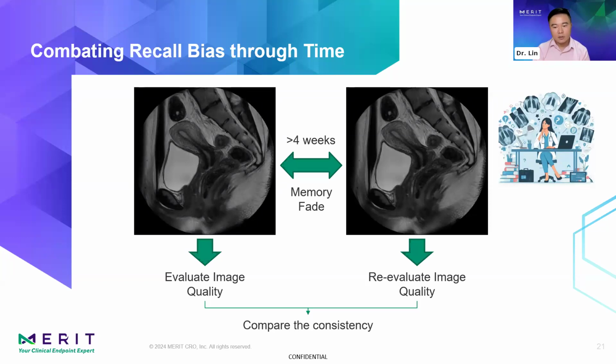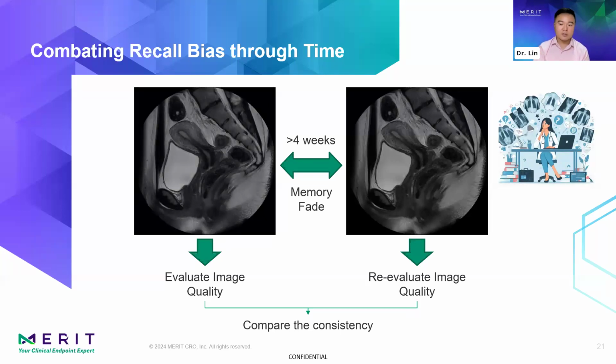Some similar studies have been conducted in the field of pathology. Well, pathologists are also very amazing. They were presented with historical slides and asked to record their previous evaluation of the slides after a 2-week or 4-week interval. They are known for their exceptional memory as well.